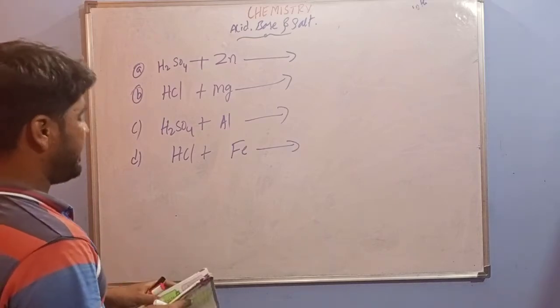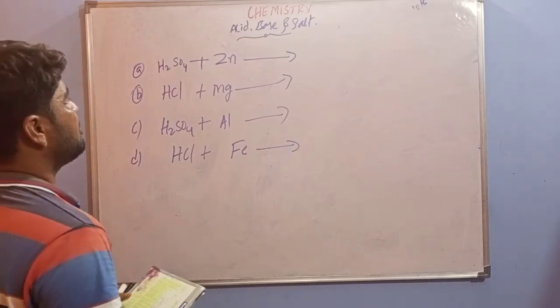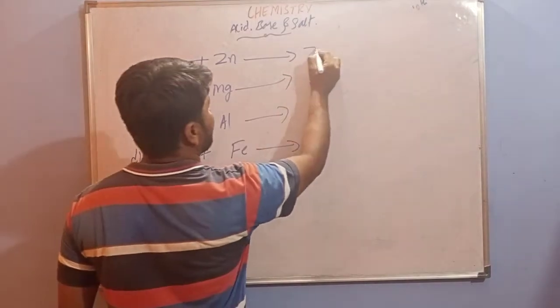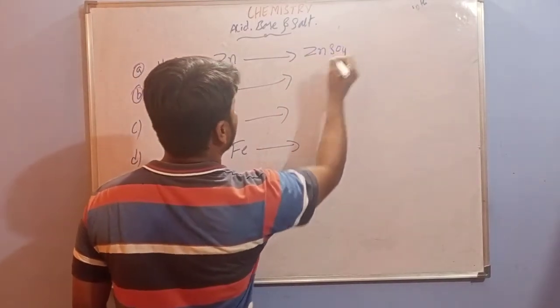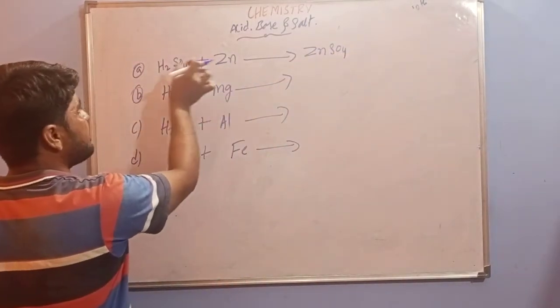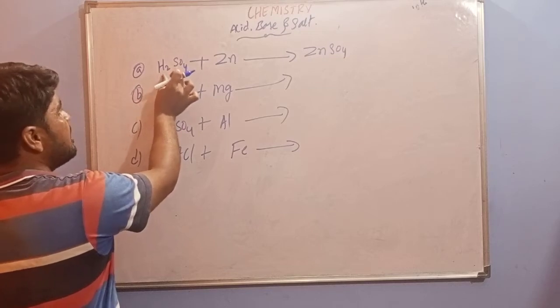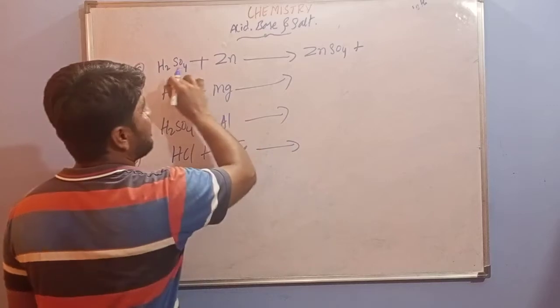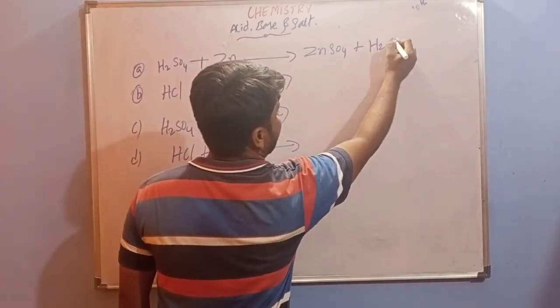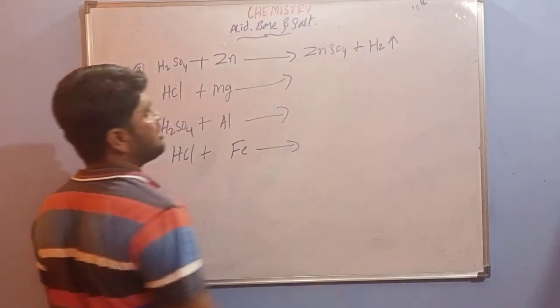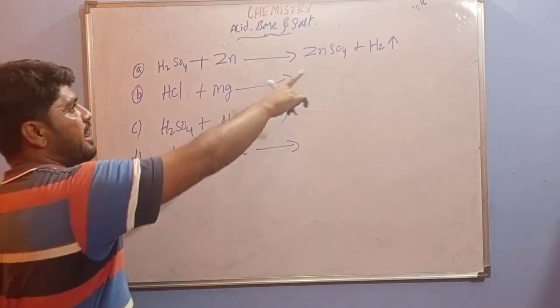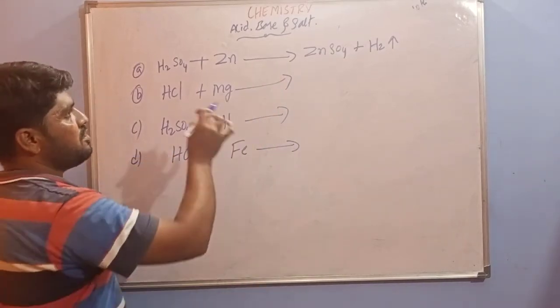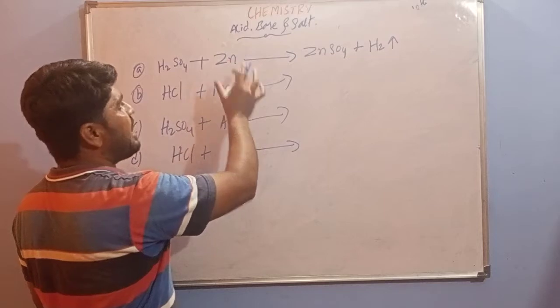When dilute sulfuric acid reacts with zinc, what do we get? Zinc sulfate, ZnSO4. Zinc reacts with sulfuric acid and produces zinc sulfate and hydrogen gas, H2. So let's check whether it is balanced or not.